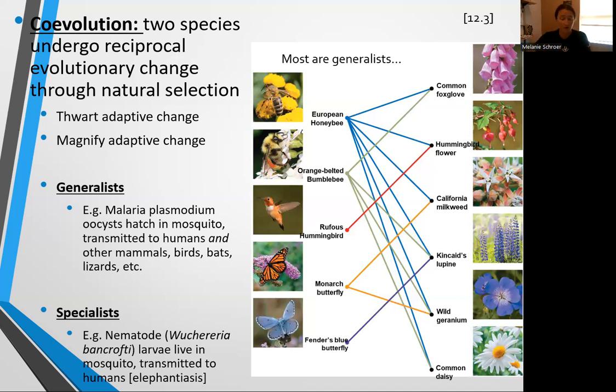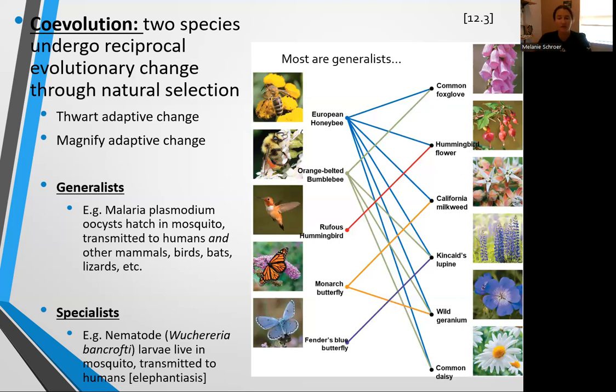And so this could involve the shape of the mouth parts or the mandibles. This can involve emerging from the larval stage, or emerging from hibernation, maybe only at a particular time, and as a result, only interact with, or emerging when a particular species like the hummingbird flower is most abundant, and therefore you have tons of food, tons of resources available, because you have specialized to only interact with that species.